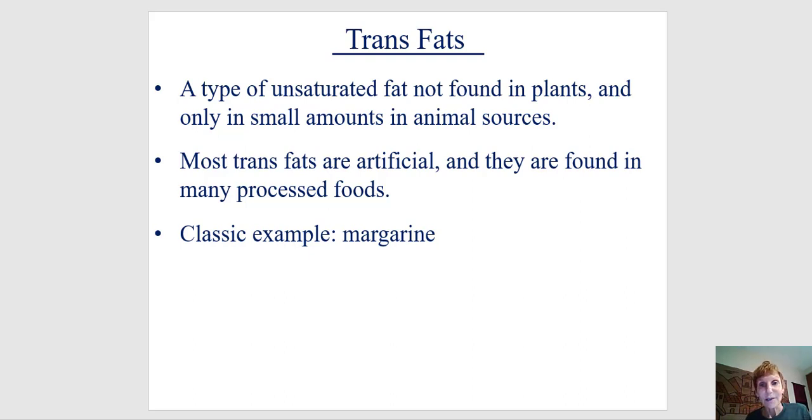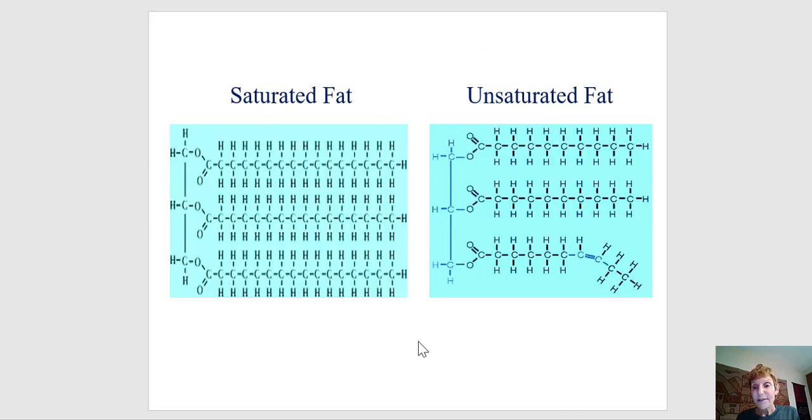And that's exactly what they do in the laboratory. So they take this unsaturated fat, and let's say this is vegetable oil, and now all of the molecules are going to look like this. Say there's 1,000 of these molecules in vegetable oil, and you compare that with 1,000 molecules of butter, which are all saturated.